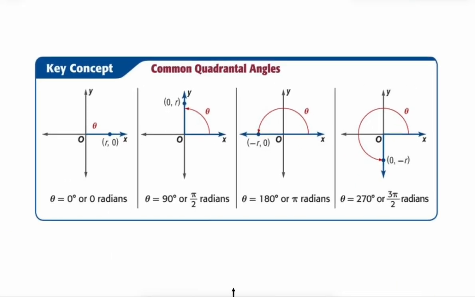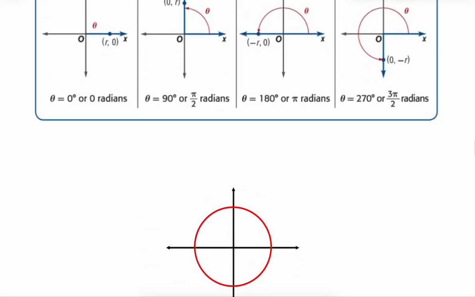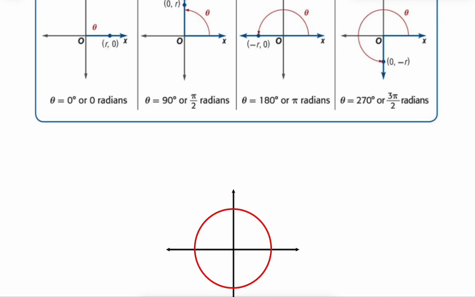Okay. Now, what I want to talk about here is, what does that tell us about the values? Now, remember, the sine is always y over r. The cosine is always x over r. The tangent is always y over x.